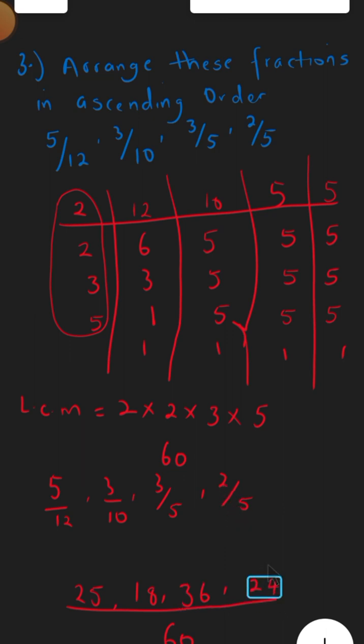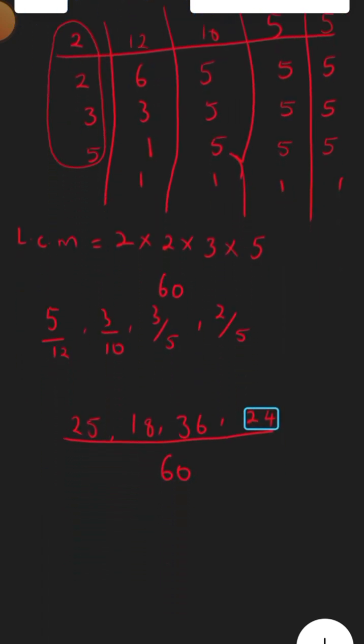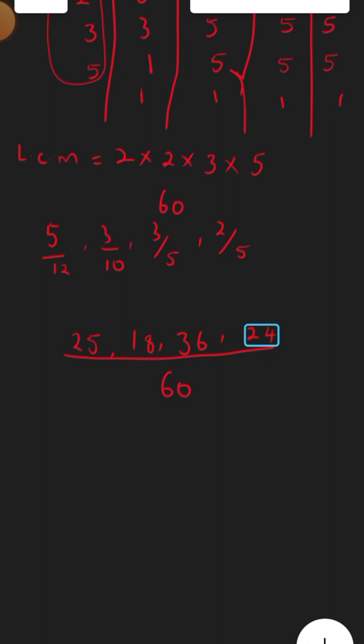So we are rearranging in ascending order. It means from smallest to the biggest. What's the smallest number here? 18. What's the fraction of 18? 3 over 10. What's the next smallest number? That's 24.